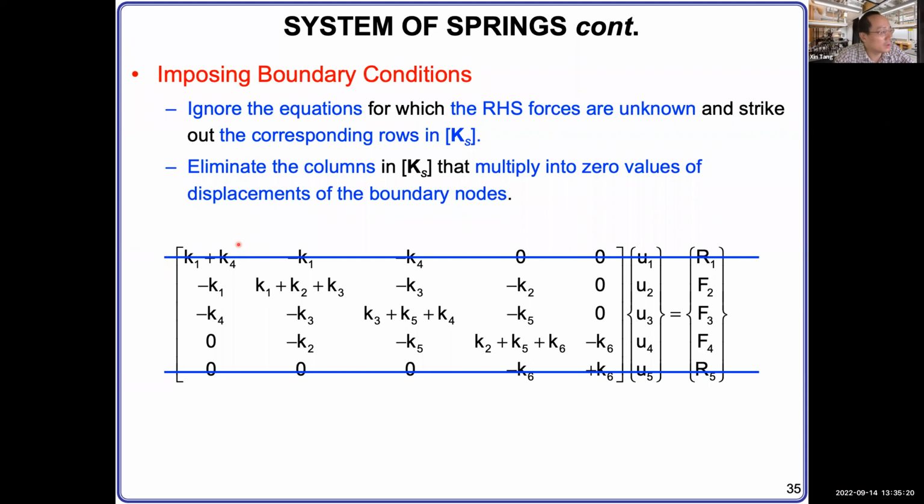So we can eliminate these columns as well. So these two columns also get eliminated. Now in this equation, what is left is a 3 by 3 matrix times a 3 by 1 vector, equal to a 3 by 1 vector here, right? We have this.